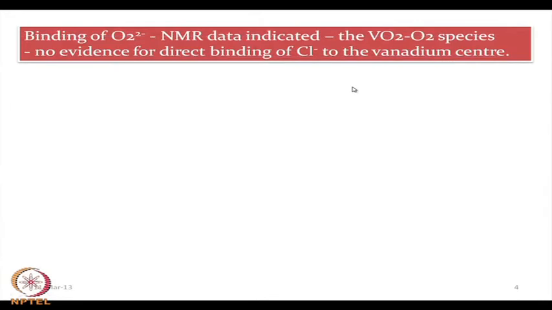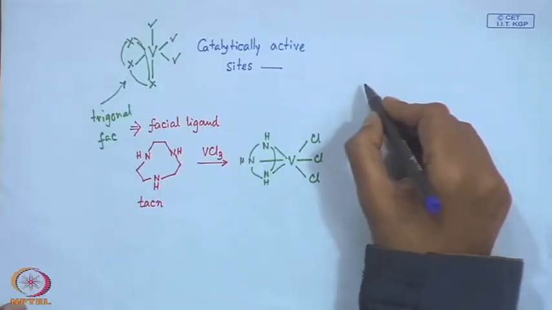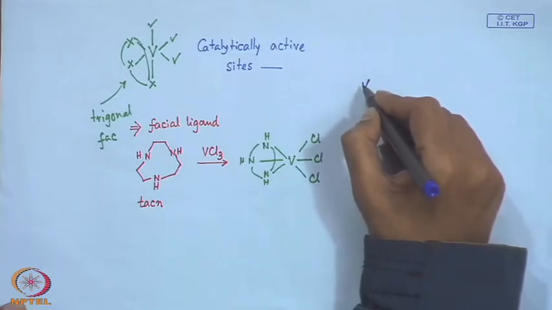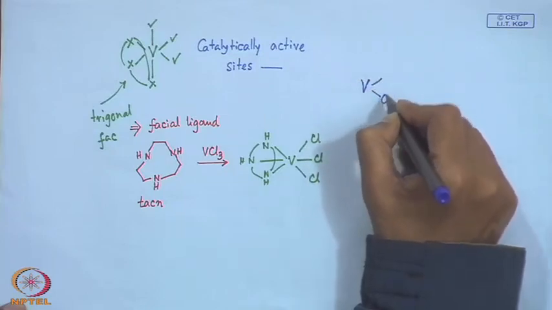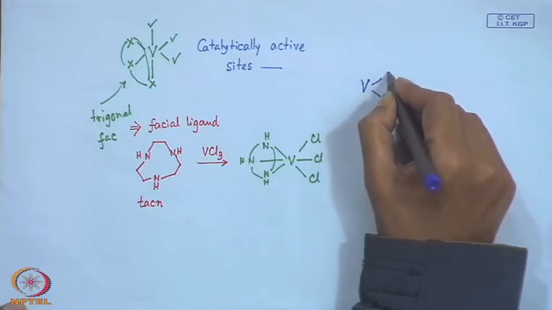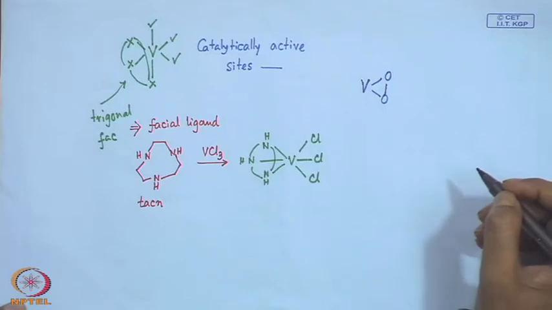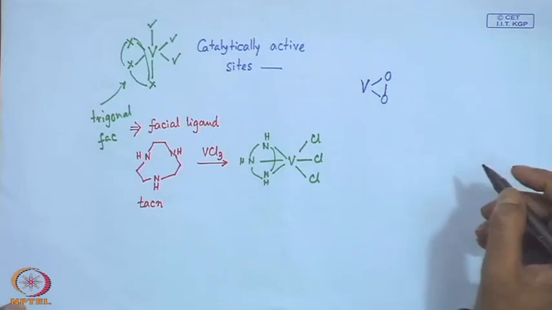So, this particular one, when we see this case, that means the vanadium site is there. The important step for these reactions is that vanadium is forming the corresponding peroxo linkage, which is very important to note.